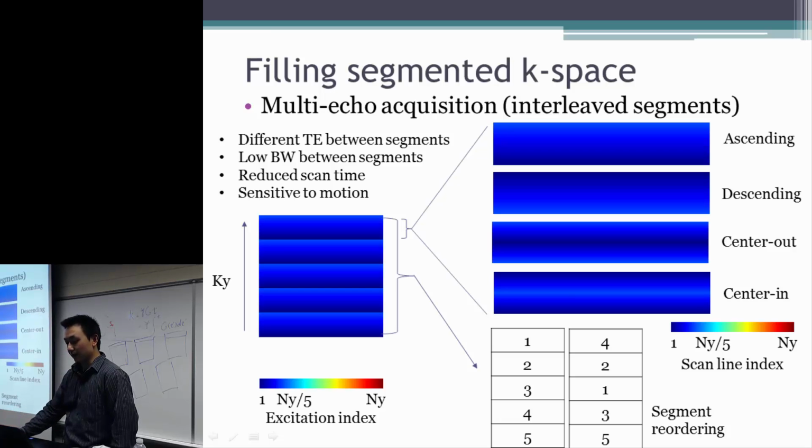As this is also a segmenting method, if there is motion, there might be some phase discrepancies between different segments. So it will also be sensitive to motion, and may create motion artifacts when we are doing segmented K-space acquisitions.